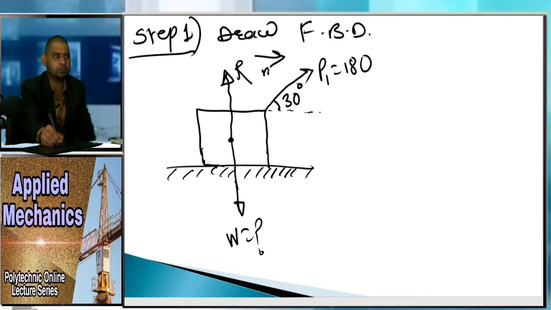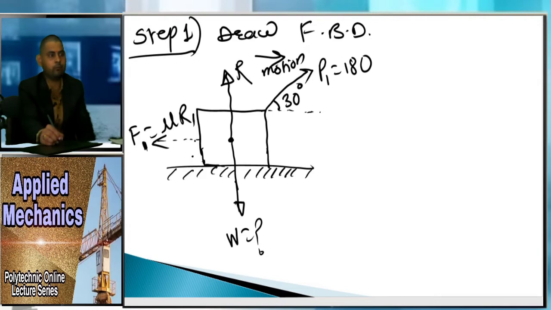So where is our friction force? The friction force is towards the left side. So here our friction force is in this direction, that is F is equal to mu into R. This is F1 and this is mu R1. Why F1? Because we have two different forces, so we get two different frictional forces also.